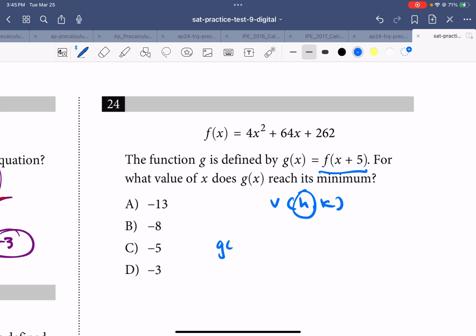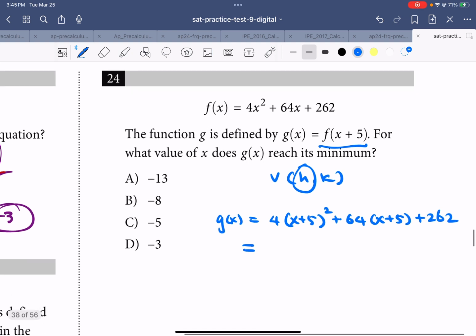So your g of x, f of x plus 5, you simply plug in x plus 5 into x, right? Plus 64, like that. Now you multiply it out, plus 64x plus 64 times 5, which is 320, plus 262.